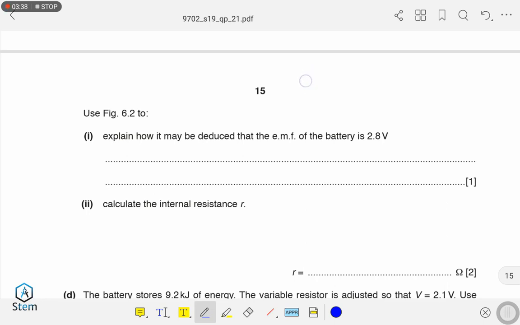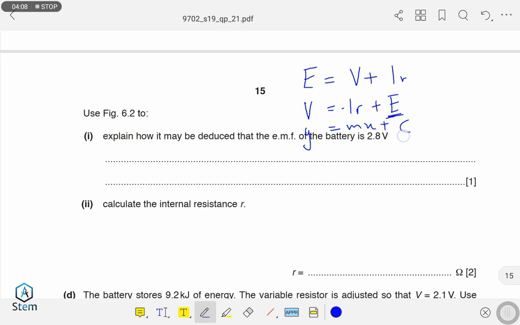We have seen the equation E is equal to V plus Ir. If we make V the subject of the formula, V is equal to E minus Ir. Now in the graph of V against I, this is similar to y is equal to mx plus c.